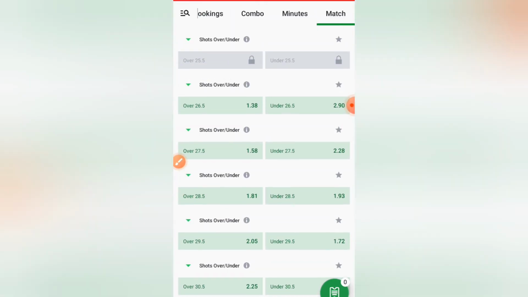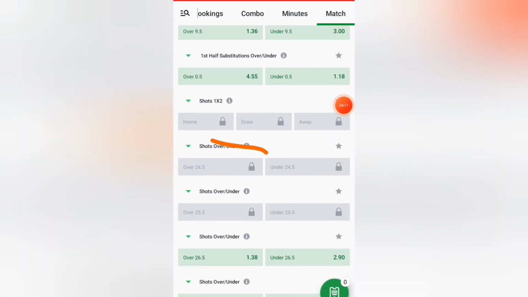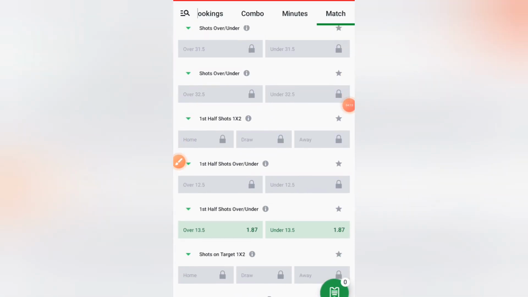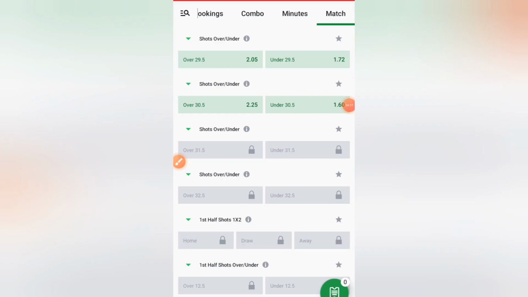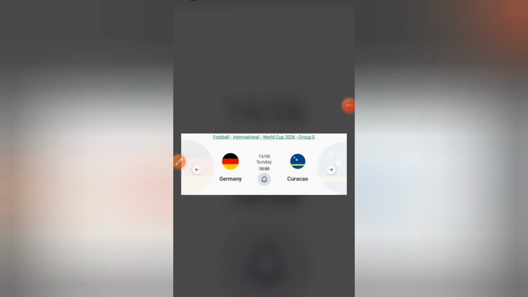If we look at the match between Germany and Curacao, what I'm currently seeing here is that the lowest odd line is over 24 total shots, and the highest odd line, although they've blocked it, is 32 total shots. Until I use the predictive model, that's when I can get insight on the total shots to be expected.